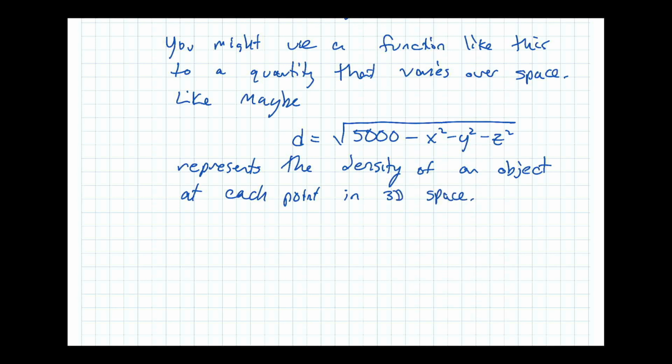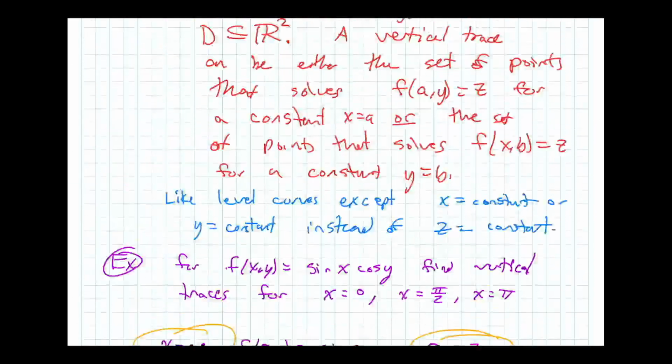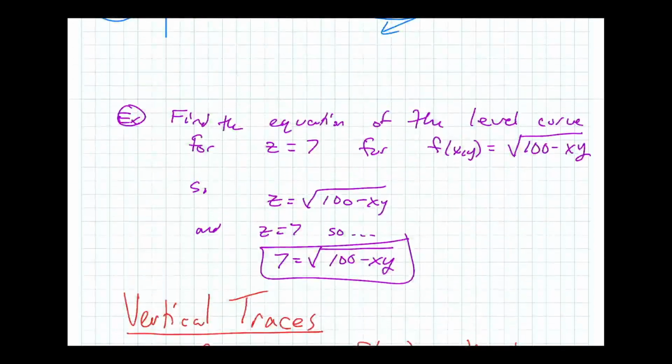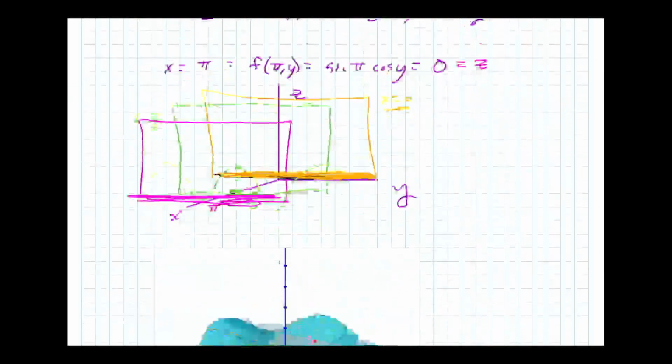Right? So something like that is pretty different than what we had for f of x, y, where our main interpretation was that x and y were spatial variables, and whatever this was equal to was a z value, which is also a place in space, right? Whereas this is not.